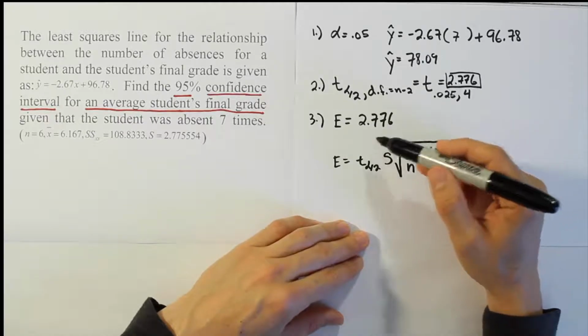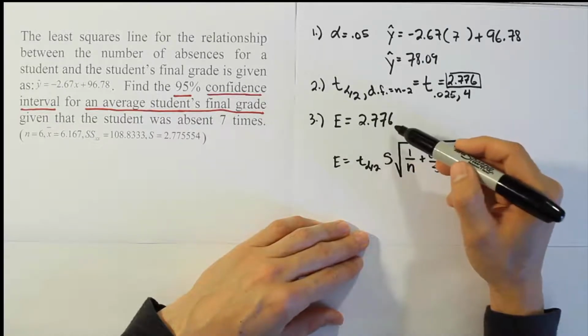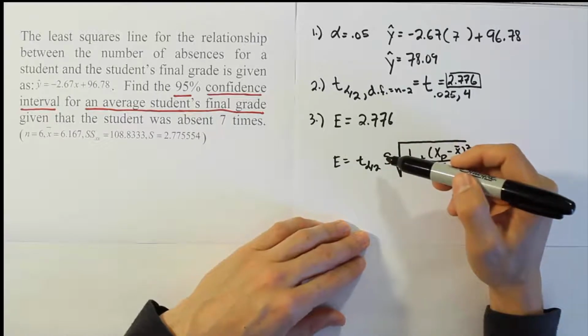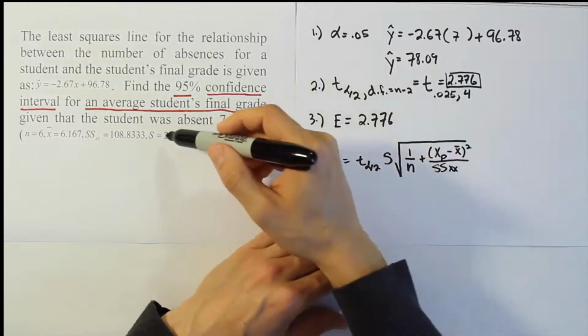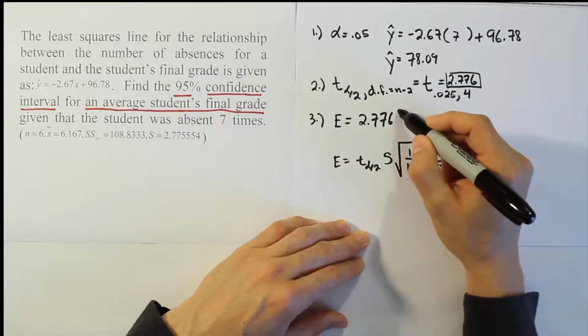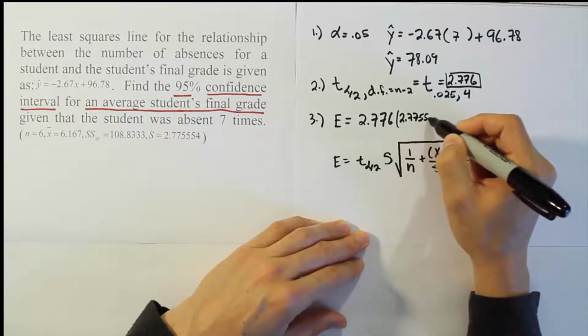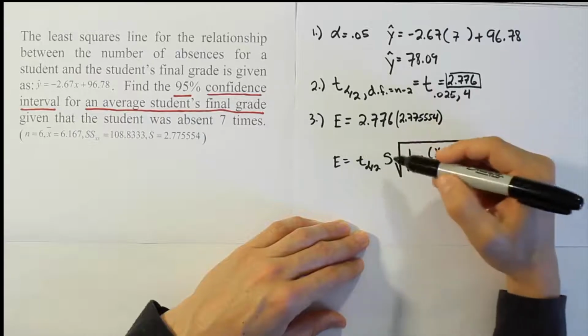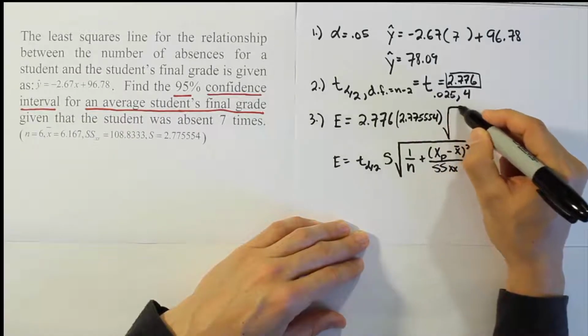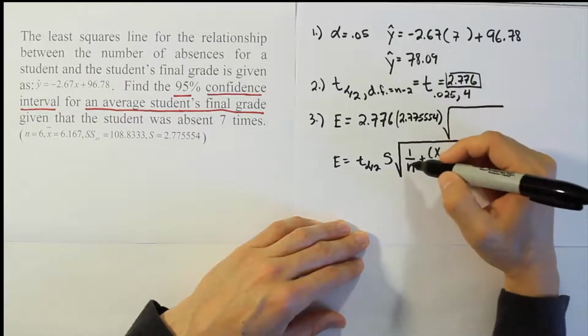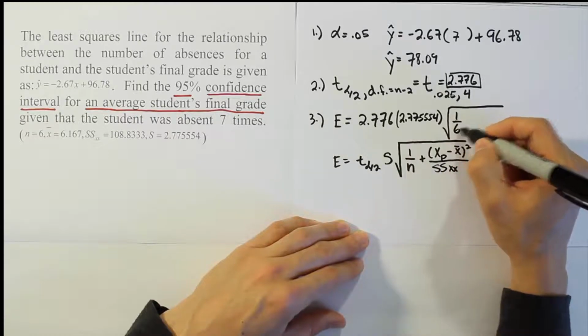So plugging that in now, we have our table value, which is 2.776. We have our s value given to us as 2.77, so that'll be 2.7755554, right? Times the square root of, now the square root is 1 over n, that's 1 over 6 for us, right?